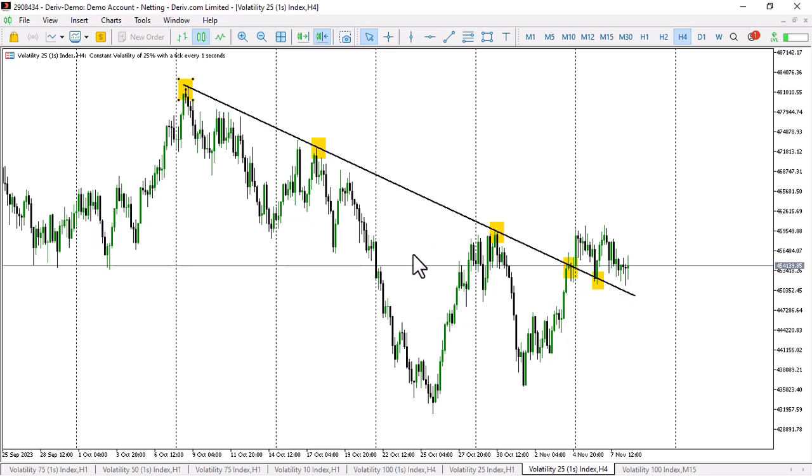So these yellow zones are the swing points that a trend line has to touch. The minimum for you to consider a trend line valid is 2 touches. So 1, 2, we're already expecting a break here, but with breaks you need more touches. Why? Because the more touches, the higher the probability of a break.